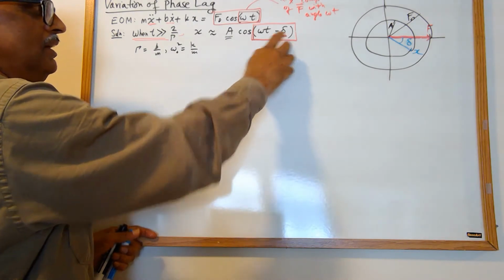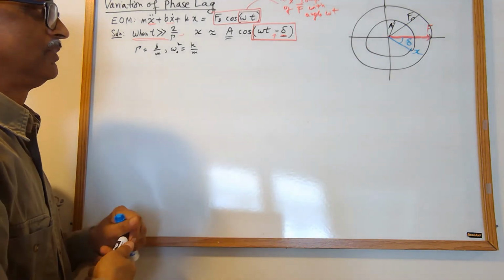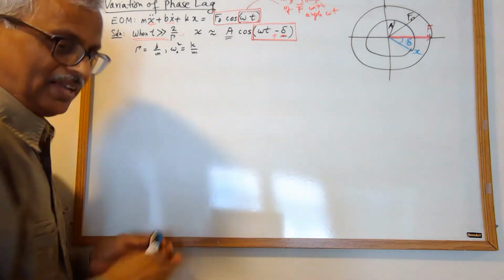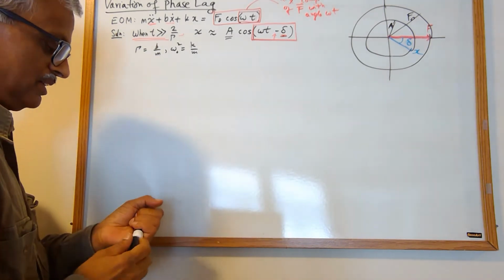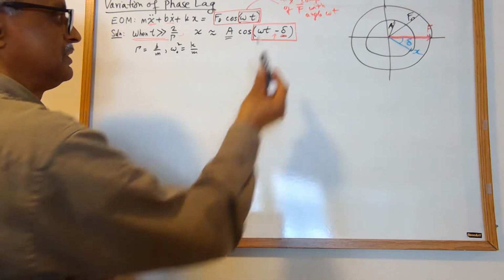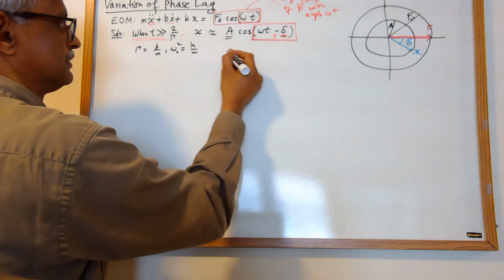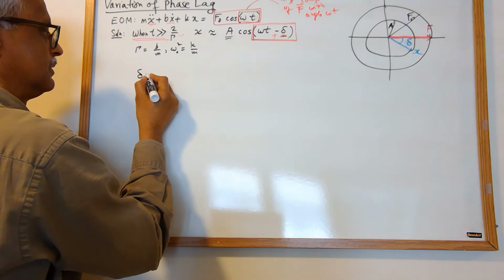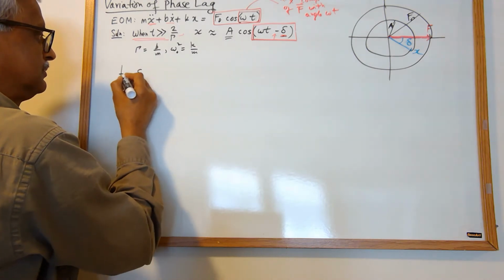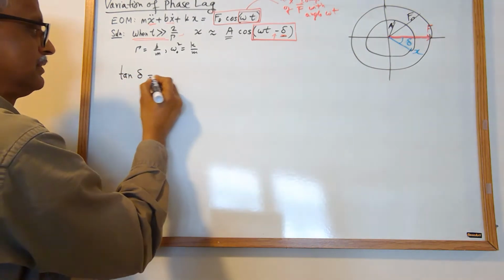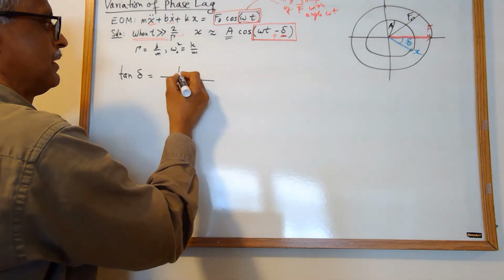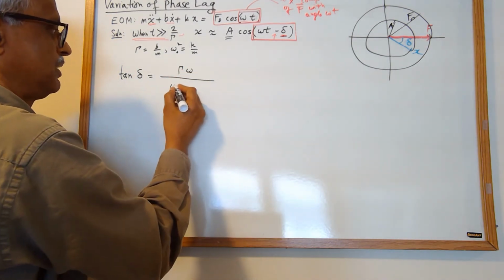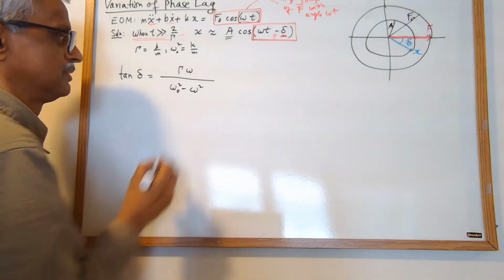So when you look at how far it lags behind, the solution tells me this delta is actually, we write tangent, it's easier to write tangent delta, and tangent of delta is gamma omega over omega 0 square minus omega square.